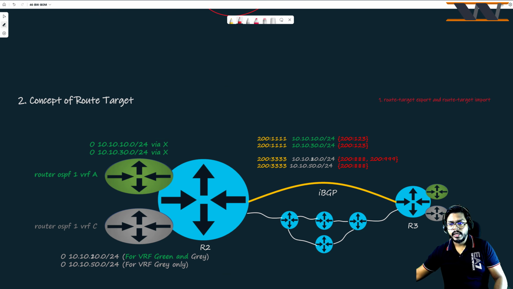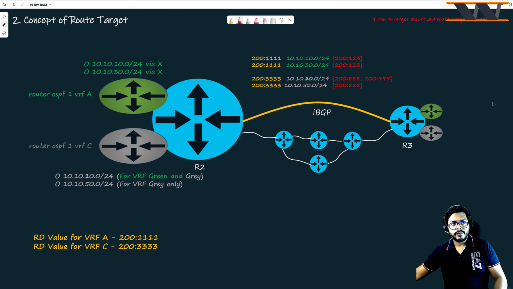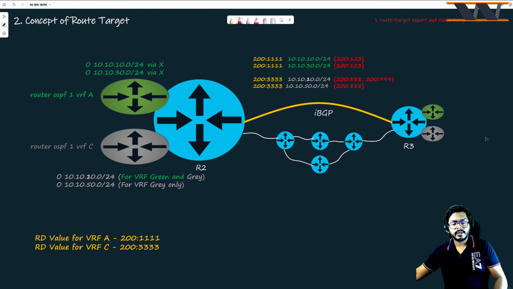And here you go. We have the next board here, which is actually going to explain to you the concept of route target, right? From the last two boards, we understood that there is definitely a need for a new number on the basis of which we can send the route at the destination, right? So again, the topology is the same.